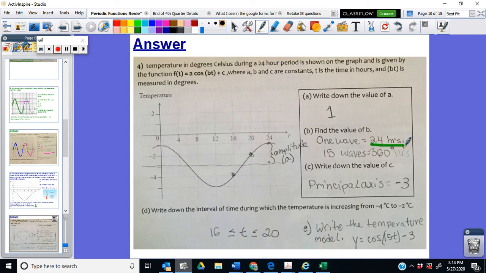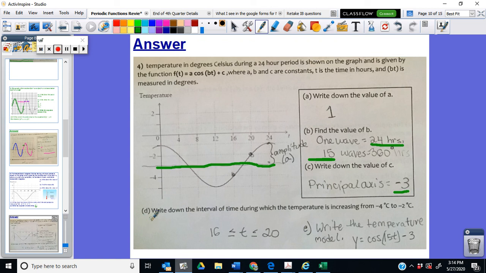So how many 24-hour waves will occur in 360? That's just a proportion. What's 24 times 15? That gives us 360. So that tells us that we have 15 waves of this temperature in 360. And then lastly, we can see our principal axis right here is -3.